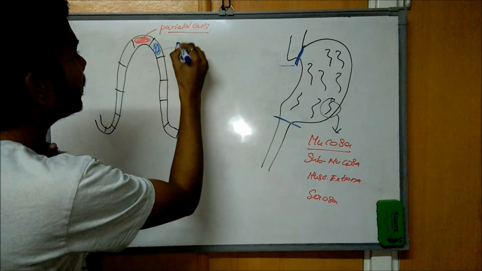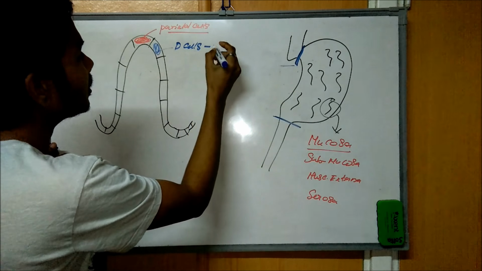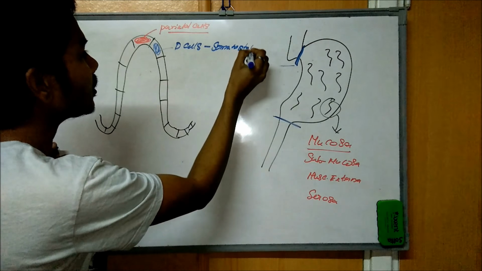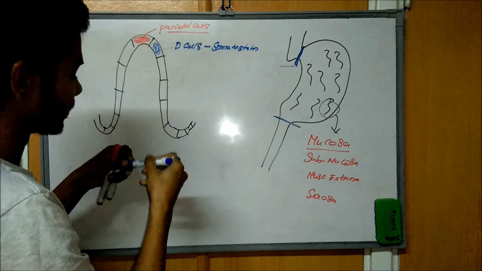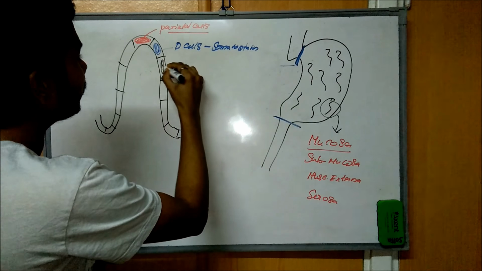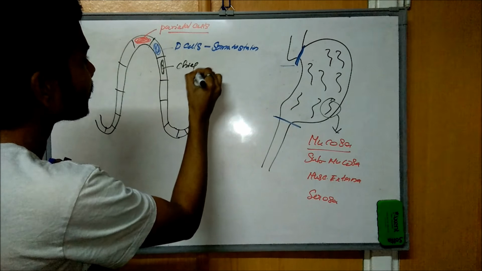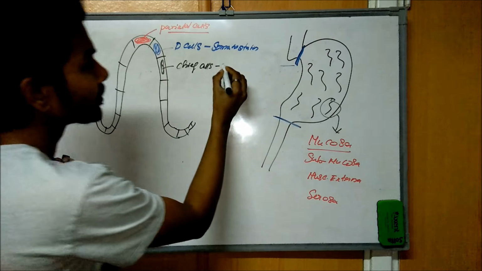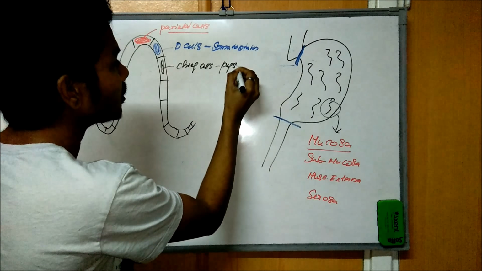There are D cells, which produce somatostatin, and then we have chief cells, which produce pepsinogen.